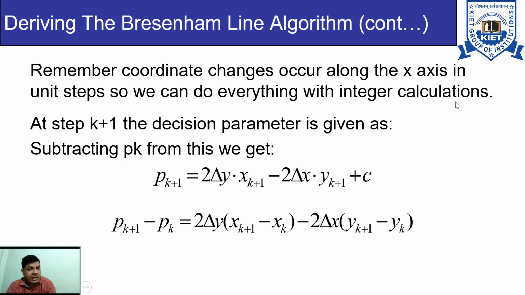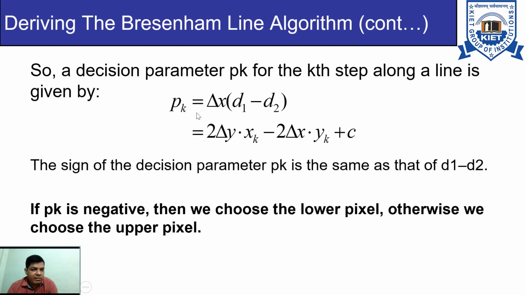Remember, coordinate changes occur along the x-axis in unit steps, so we can do everything with integer calculations. At step k plus 1, the decision parameter is given as pk plus 1 equals 2 delta y xk plus 1 minus 2 delta x yk plus 1 plus c. We have already calculated the pixel parameter at k, and the value is 2 delta y xk minus 2 delta x yk.